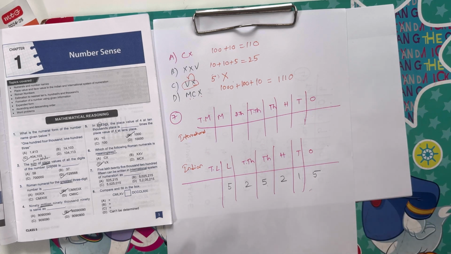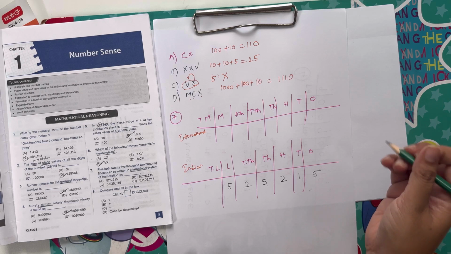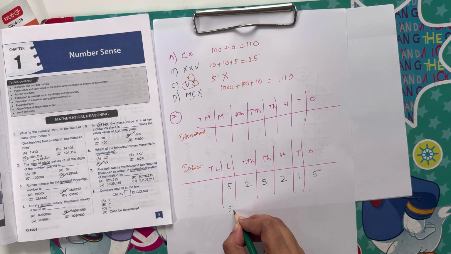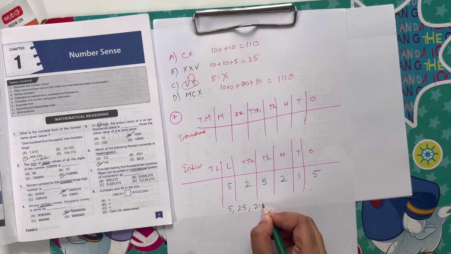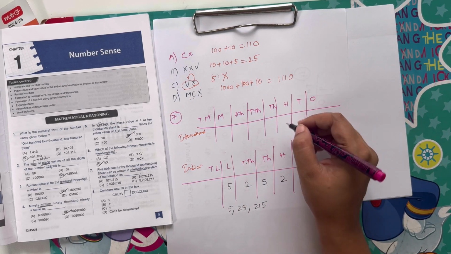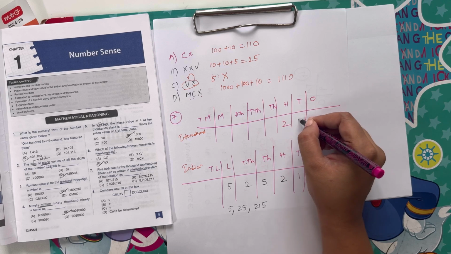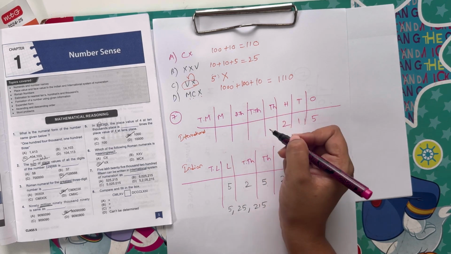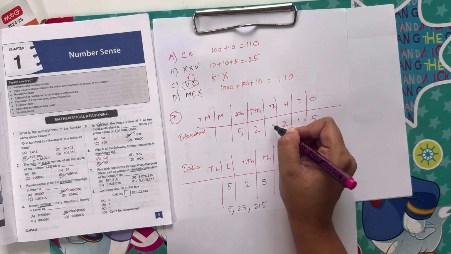What will change? Nothing will change here. In Indian system, we get 5,25,215: after 3 digits a comma, after 2 digits a comma. The hundreds part will not change. This remains 215 as it is, and here also 525.